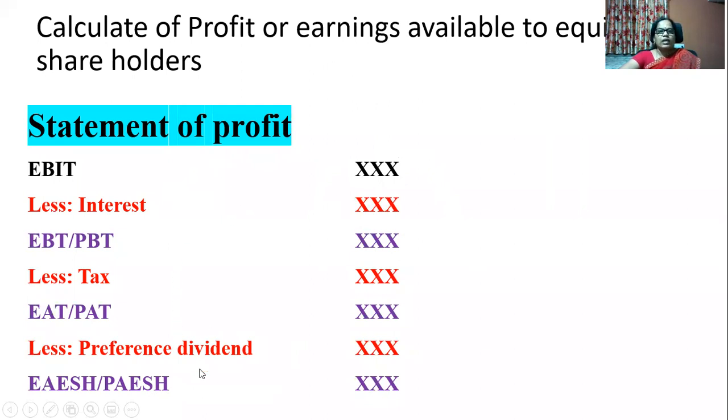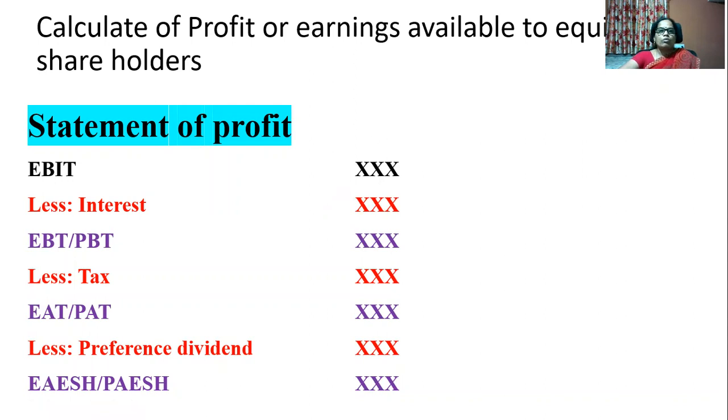The format to calculate the amount available to equity shareholders: first, EBIT should be taken. EBIT in the problem could be given for one plan, or the EBIT could be changing.